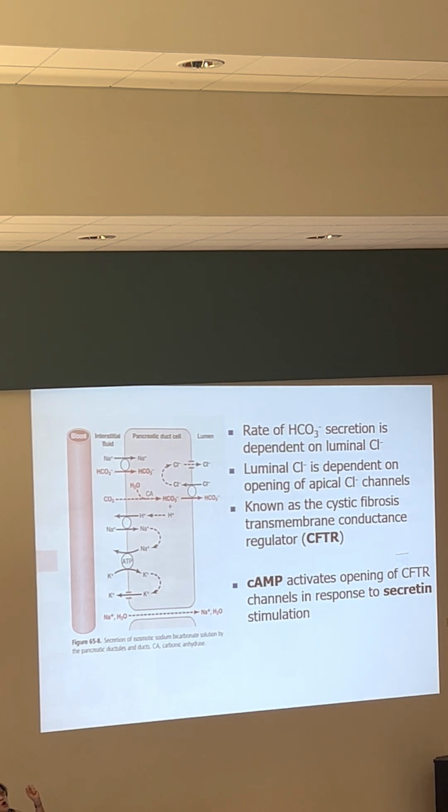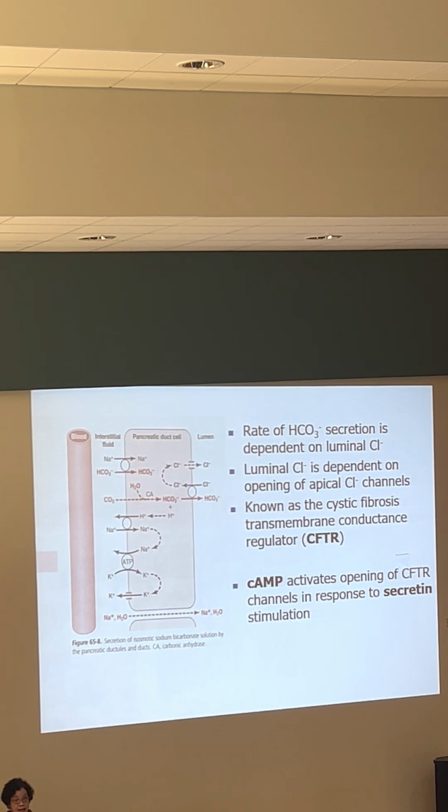So we have all of the bicarbonate that is accumulated in the cell to actually move and be secreted out into the lumen. What the diagram also shows is that sodium will move paracellularly, and that of course will encourage the movement of water across the cell into the lumen.